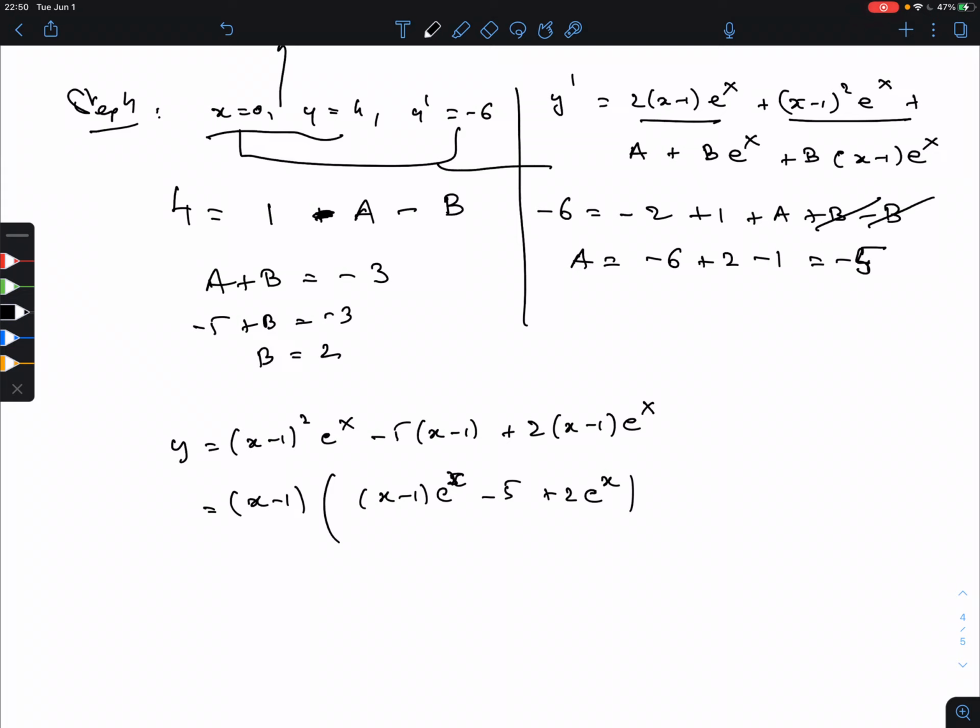Let me double check. I could have made a calculation error somewhere, but if it's not correct, it's very close to correct, and that's already a lot of points. If you make little mistakes like that, I really don't care much about that.